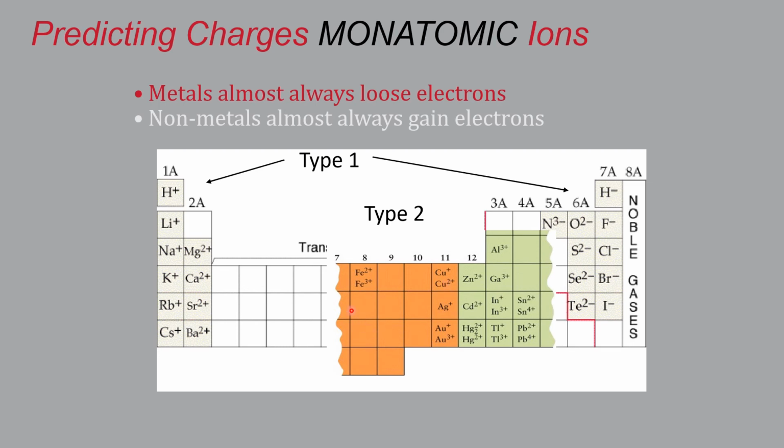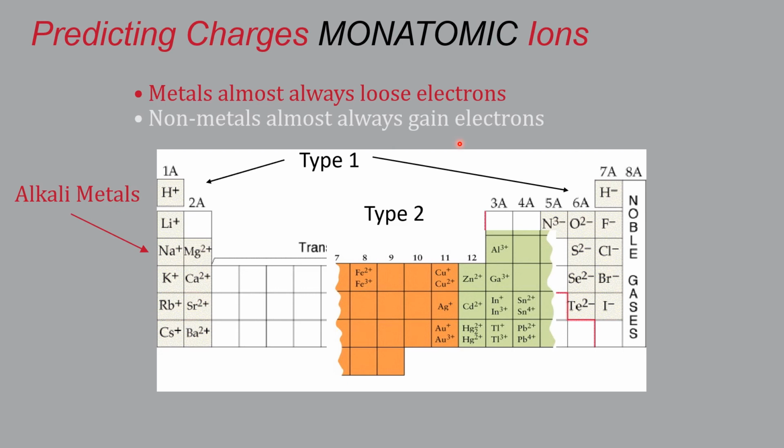The other thing to note is that hidden within this range, there are a small number of still type 1 ions, notably silver, which is reliably +1, cadmium, which is reliably +2, and zinc, which is also reliably +2. The other ones tend to form somewhere between +1 and +4 charges.